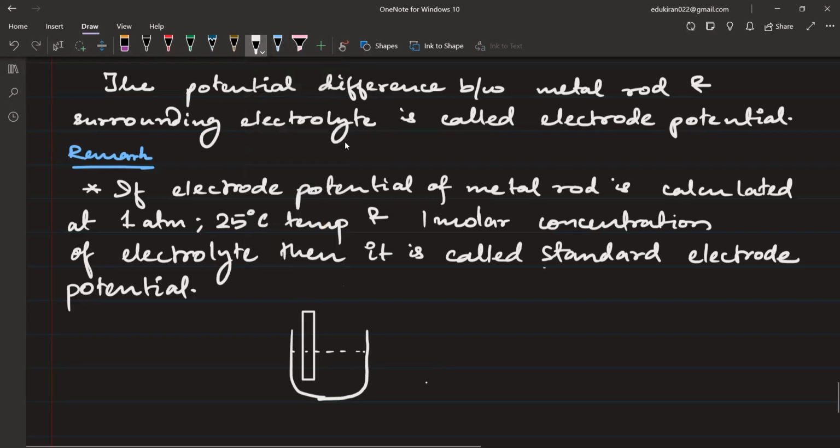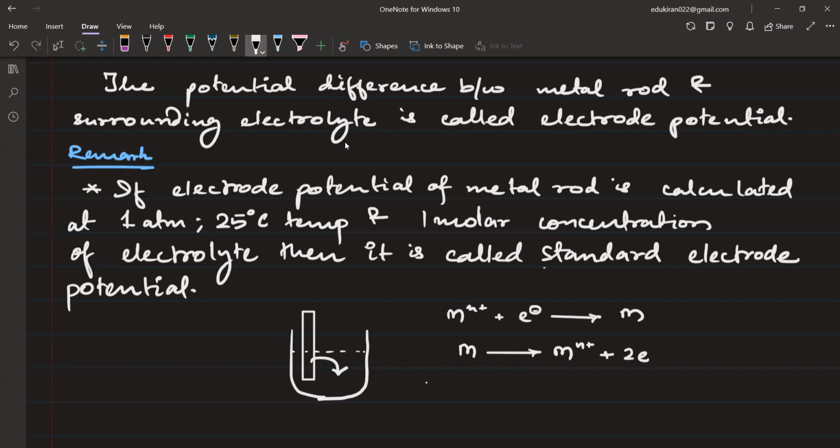Either the metal ion Mn positive will take electrons and get converted to metal, or the metal will get converted to Mn positive, go into the solution, and give out n electrons, not 2 electrons, rather n electrons.